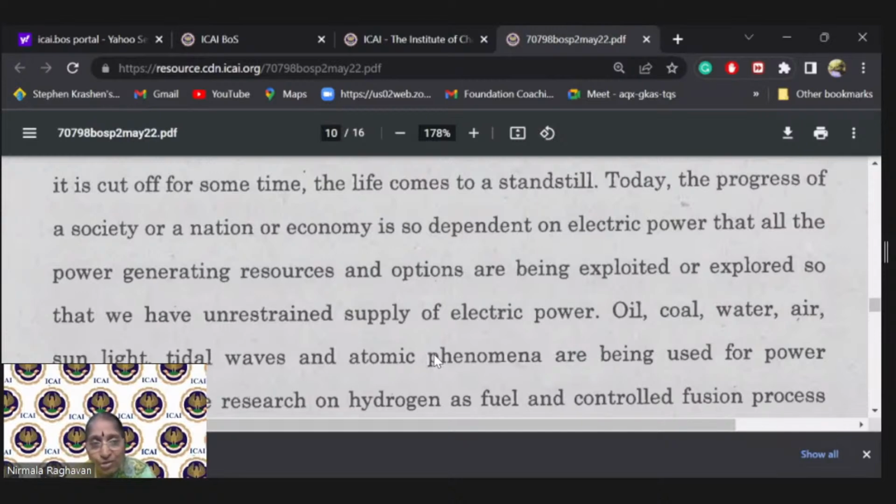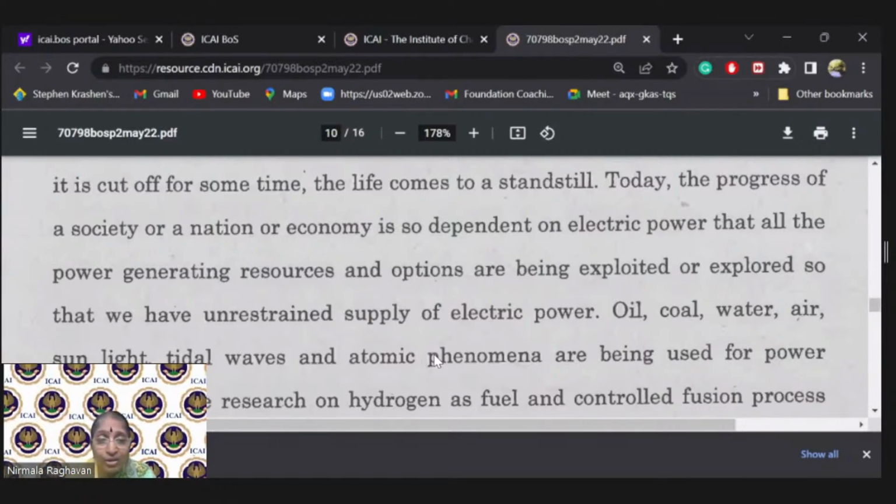Today, the progress of a society or a nation or economy is so dependent on electric power that all the power generating resources and options are being exploited or explored, so that we have unrestrained supply of electric power. Exploited: used to the maximum. Explore: they are searching for more and more usages, so that we don't have stoppage of electric power anytime.